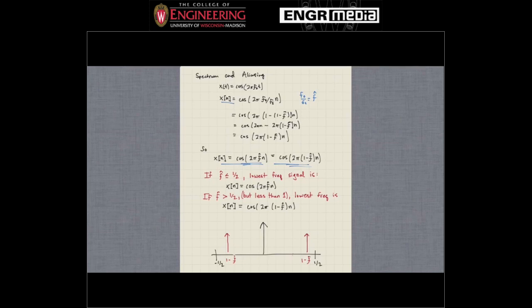Okay? So this kind of drives home a bigger point, that the spectrum of digital signals is only defined over the range of -1/2 to 1/2. Another way to think of that is that this whole picture is repeating.